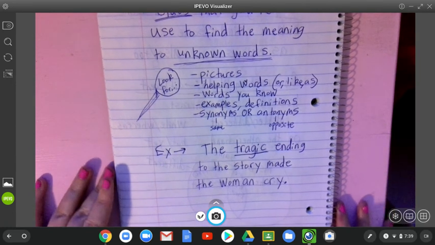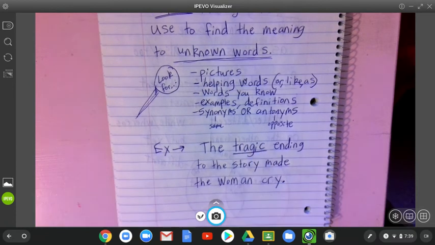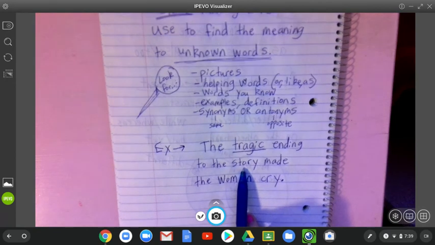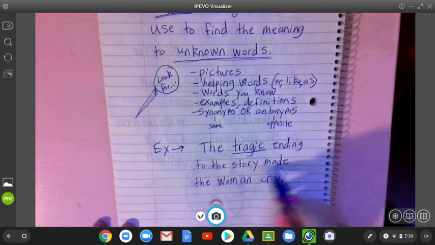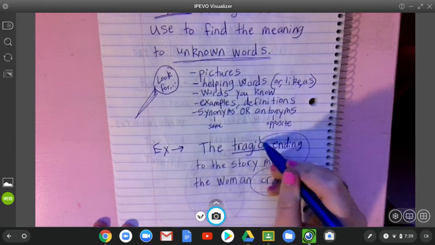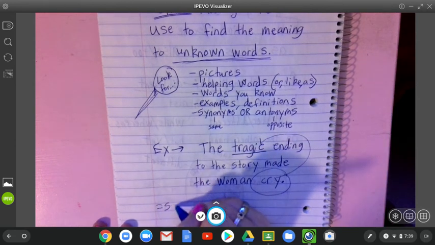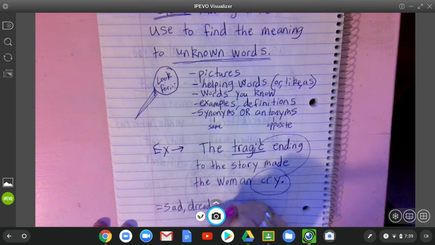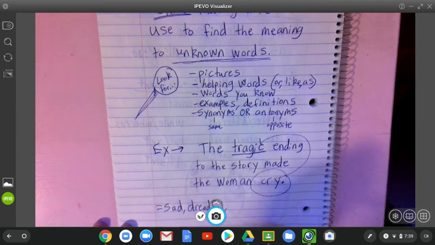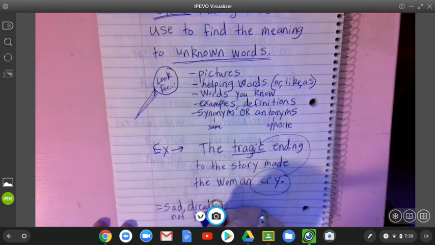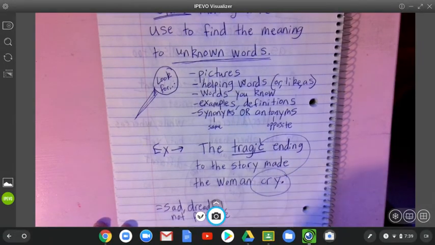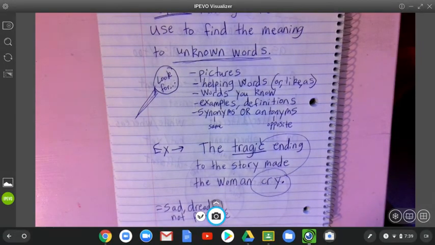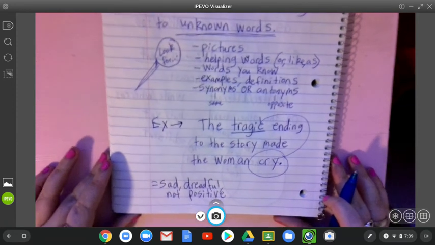So it doesn't tell me what the word tragic means, but I know that if I'm reading the end of a story and it made me cry, then tragic must mean it's like sad or dreadful or not positive. Those are what I would define as tragic. I'll push it up there so you can see that.